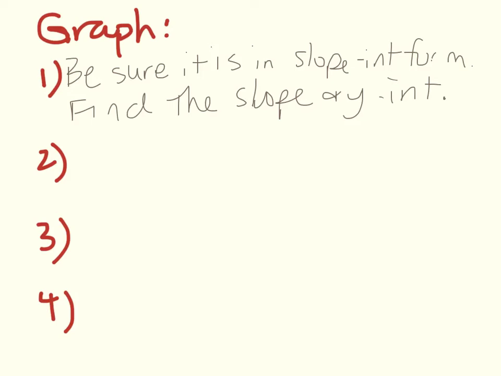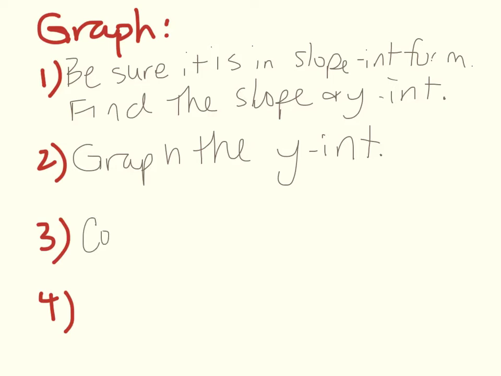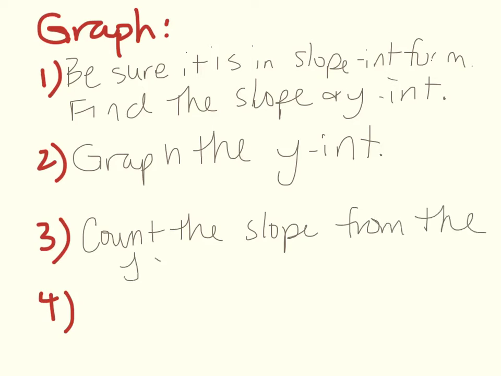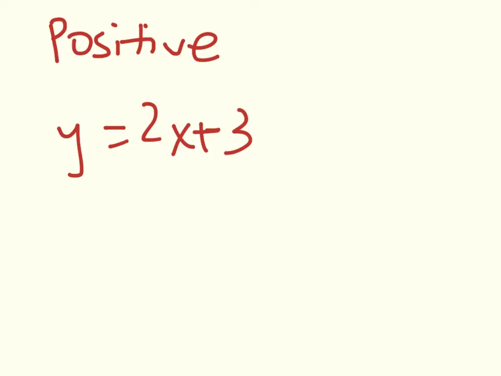And then the next thing we want to do is graph the y-intercept. So that's going to be right on the y-axis. And then the next thing we're going to do is count the slope from the y-intercept. We'll do an example in just a minute. And then the last thing we're going to do is draw the line. Okay, so let's look at what that means.